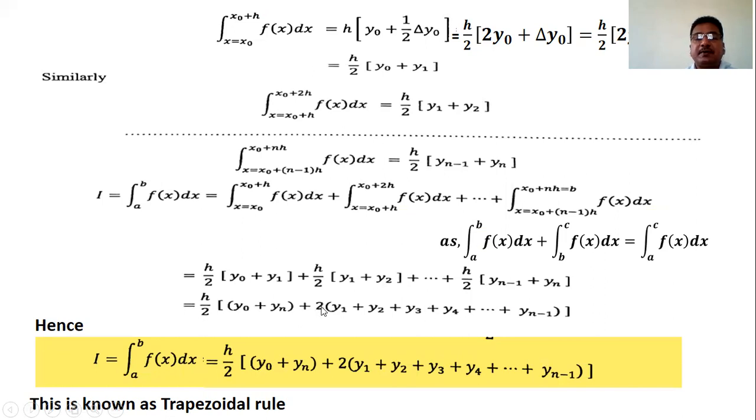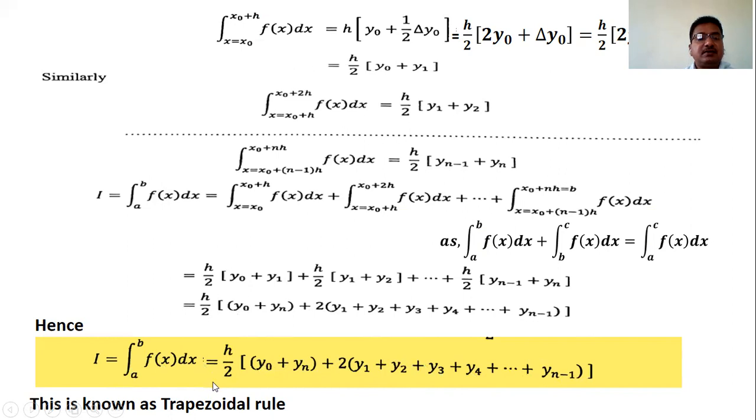Take that 2 as common factor, and therefore we have 2 times (y1 plus y2 plus y3 plus y4 plus ... plus y(n minus 1)). So the integration a to b f(x) dx is h by 2 times (first value plus last value plus 2 times the remaining values), that is, the remaining are y1, y2, y3, up to y(n minus 1).